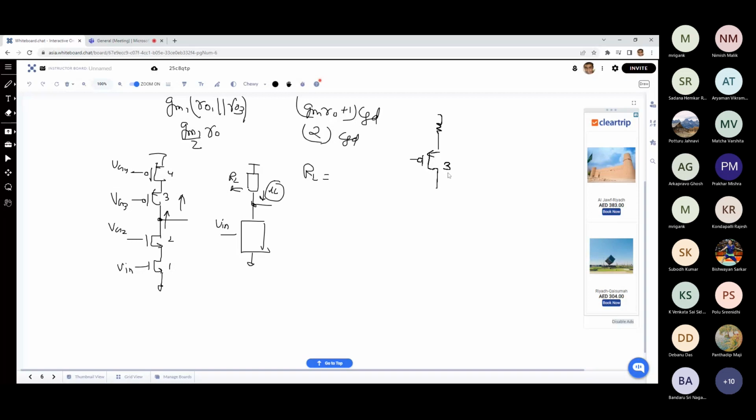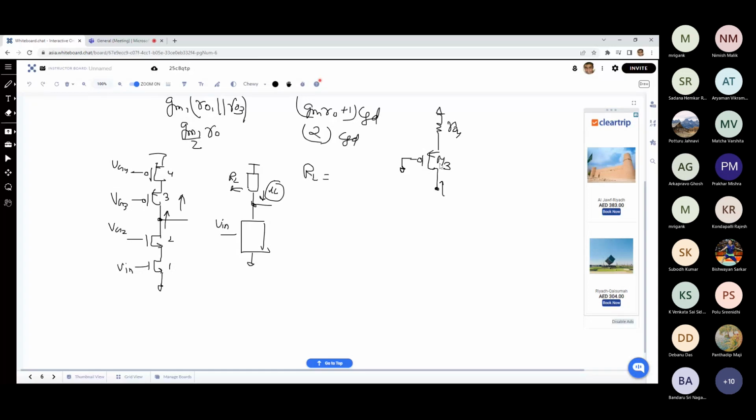If this is your M3, you are looking into the drain of M3, and between the source and the AC ground you have RO4, because looking into the drain of M4, the impedance is RO4. So this is the scenario. We are looking into the drain of M3 where the impedance looking into the source of M3 is RO4. So from here to here, I hope you are able to correlate. There is no problem. Gate is anyway AC ground.